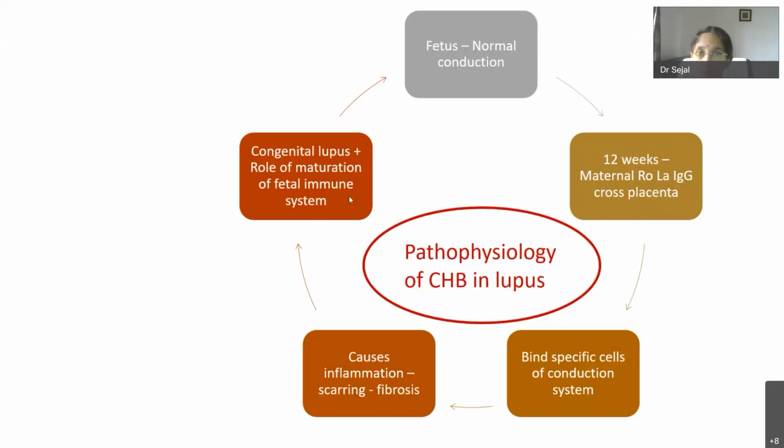There is some role of maturation of the fetal immune system in this whole process. So here we can understand at what stage we pick up. If it is picked up after fibrosis happens, then the heart block is permanent, versus if it is in the inflammatory phase, then it could be a reversible stage.